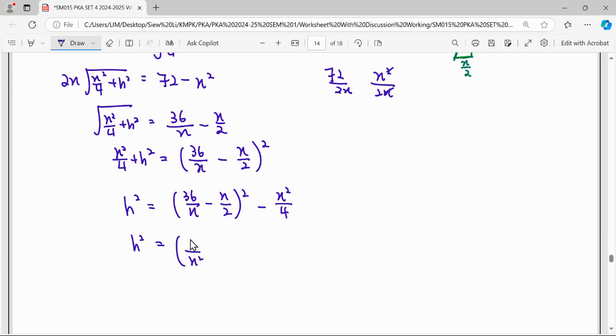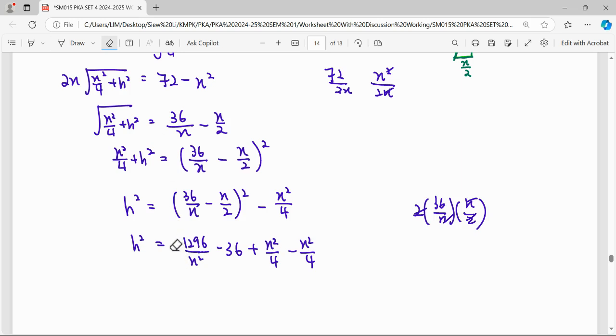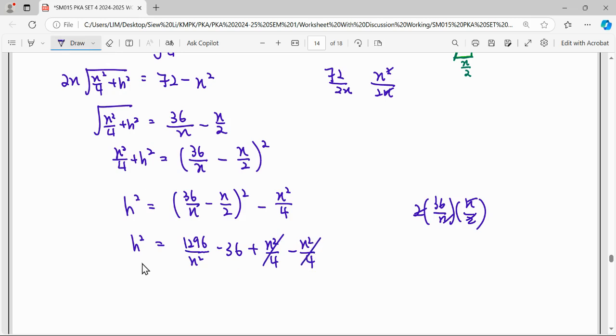How much? Can't hear. The 2AB, 2AB cancel 36, right? Then b squared, x squared, so this one minus, cancel.